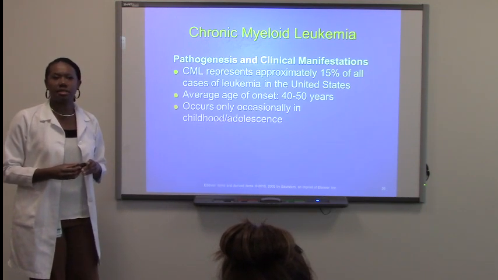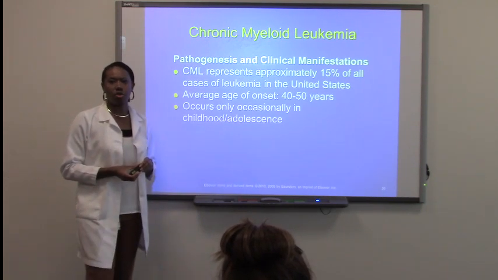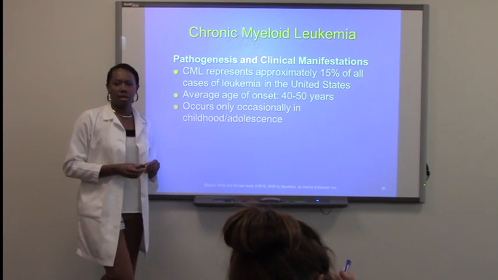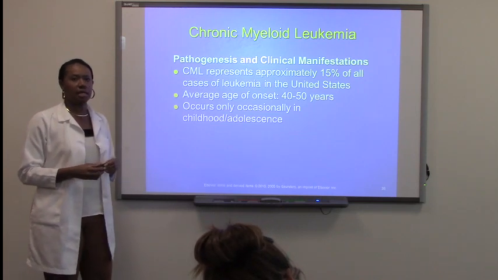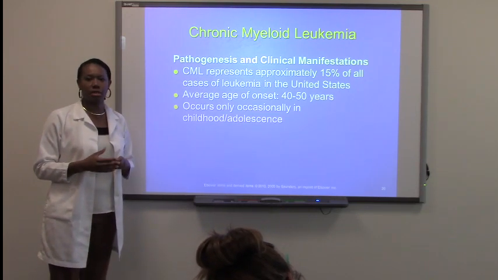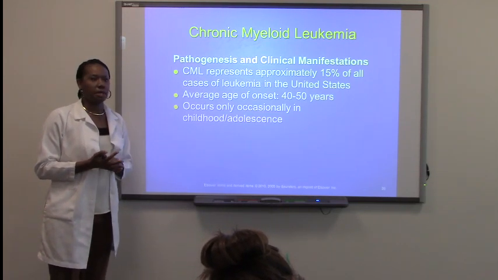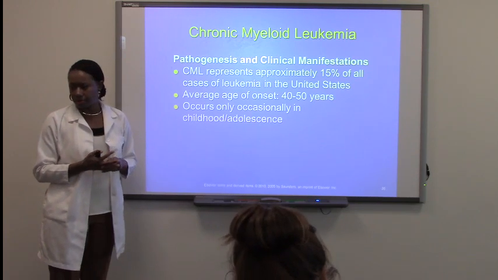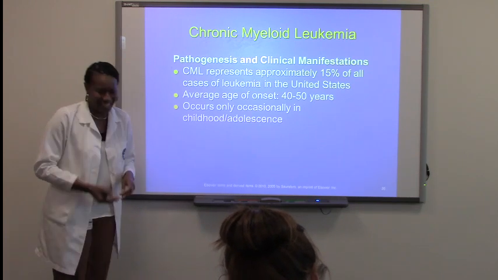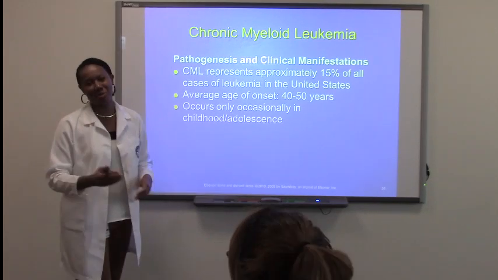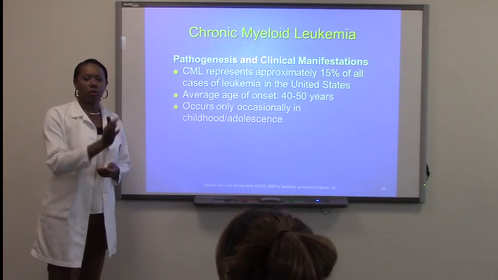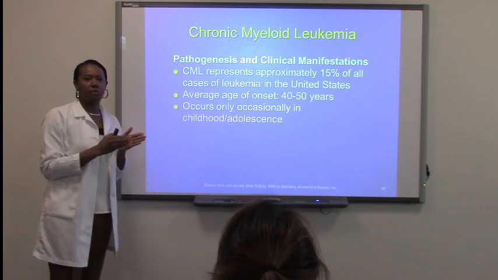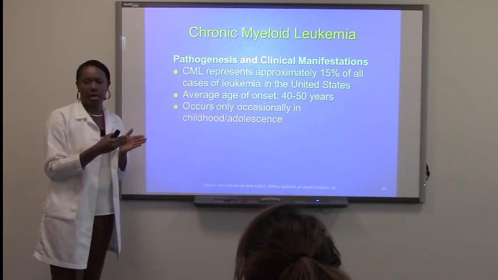So what is this telling you in the name? Chronic meaning that what? It attacked a mature cell, and because it's a myeloid lineage, what type of cell do you fall under this category? No, it's a leukemia, but what type of cell is it attacking?